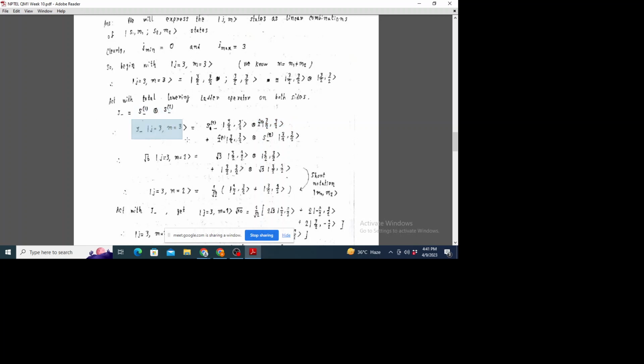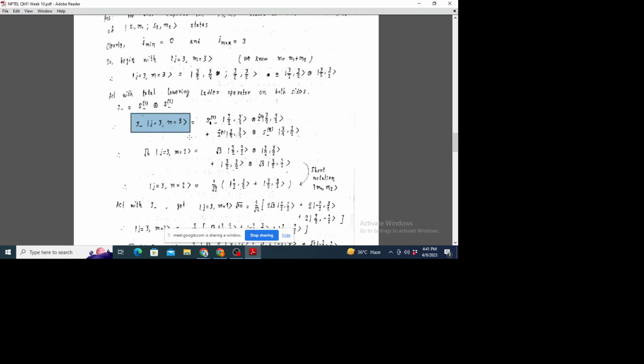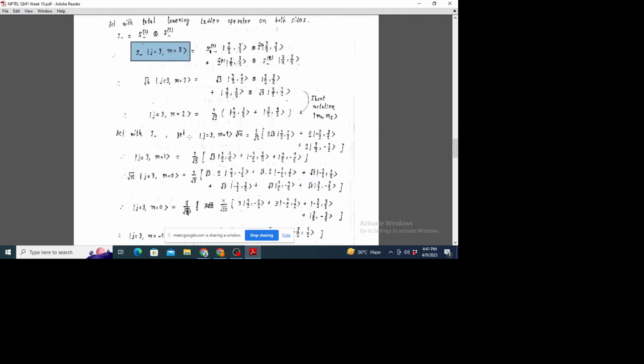And J minus on the left hand side acts as usual. So evaluating all of this using our lowering ladder formula, remembering those non-trivial front factors, we get a result like this.